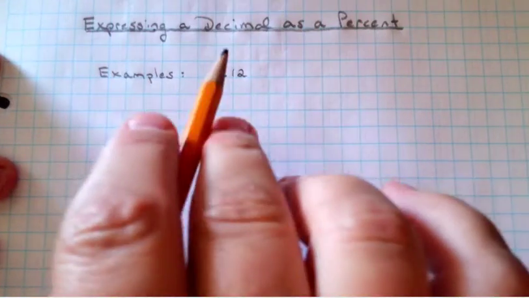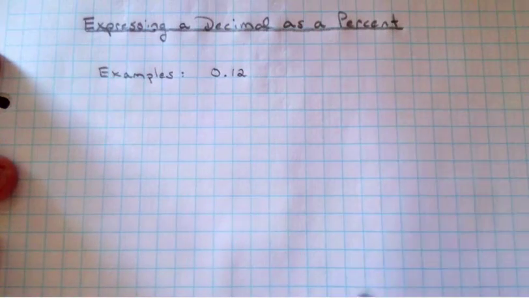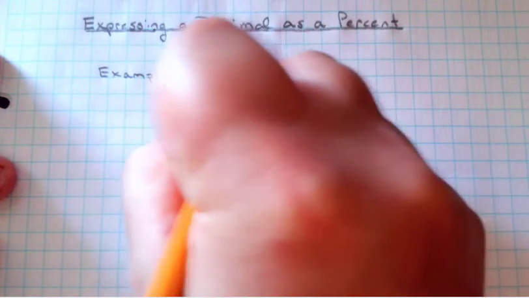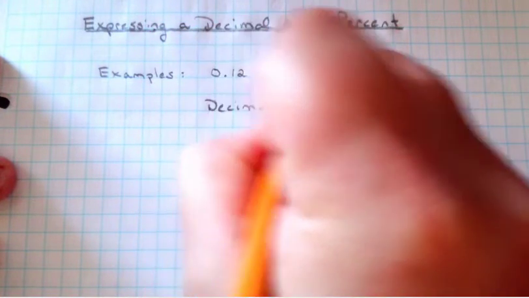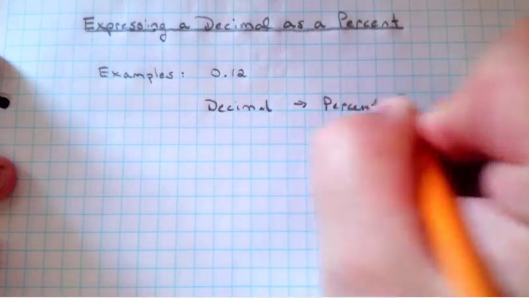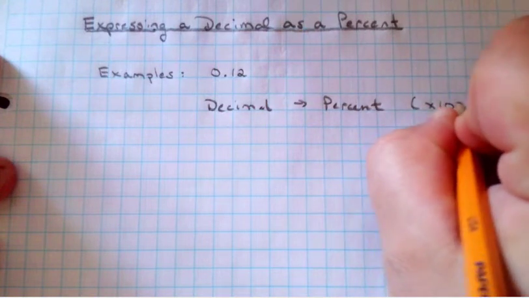Well, to go from a decimal to percent, what we're going to do is multiply by 100. So from a decimal to a percent, we multiply by 100.